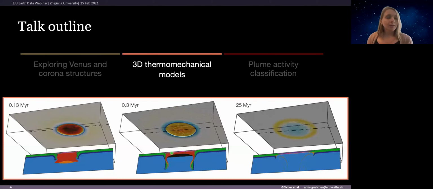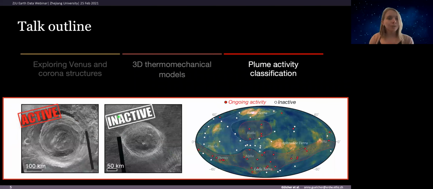Then I will talk about our 3D numerical modeling study, with which we assess the formation of these corona structures, and I will present the main highlights of the study and what causes the differences in these structures that we see. And finally, I will guide you through how we used our numerical modeling results to map out ongoing plume activity on the planet by individually assessing these structures at the surface from observations from planetary missions.